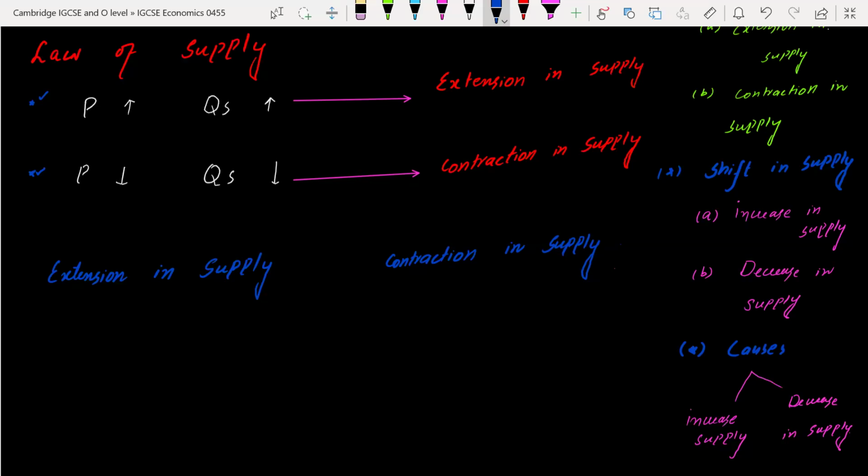So we say increase in quantity supplied due to increase in prices.